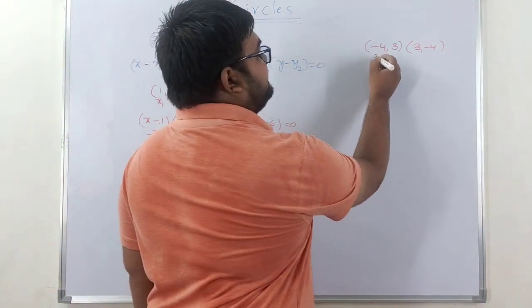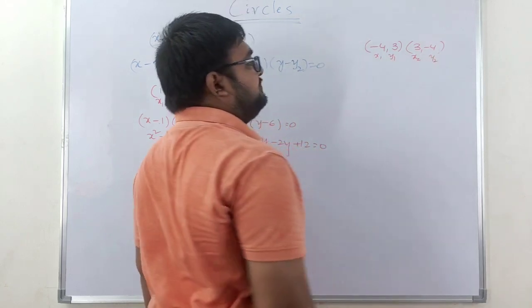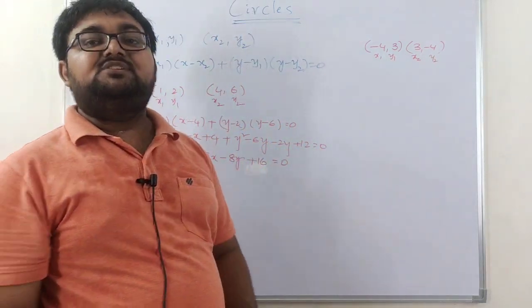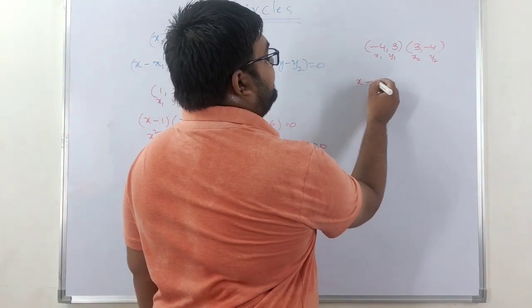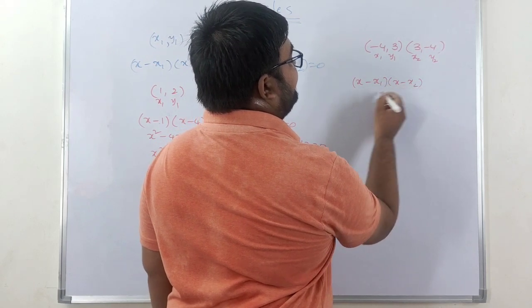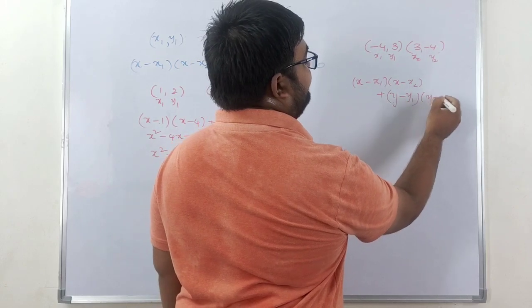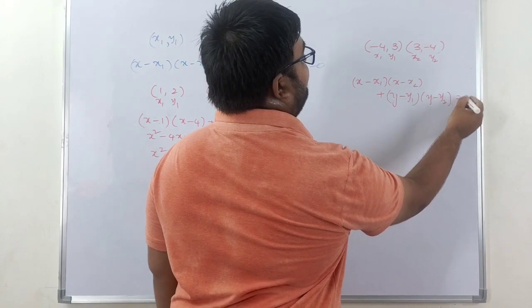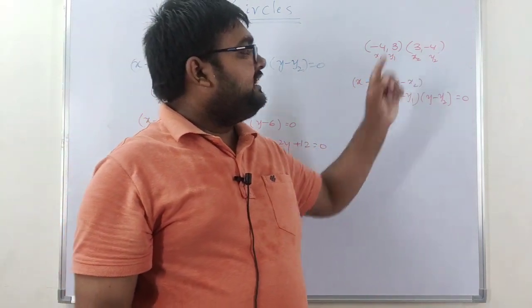Now this is x1, y1, x2, y2. So you need to be careful while substituting the negative values, right? So what is the formula? The formula is (x - x1)(x - x2) + (y - y1)(y - y2) = 0. Now substitute the values of x1 and x2.